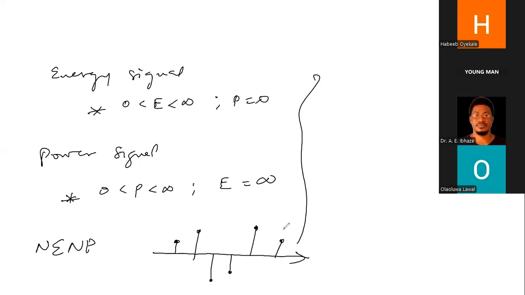So for us to get to this point, we must have sampled a continuous signal. So don't worry. At the end of the day, we must meet the energy or power signal or neither energy nor power signal conditions. Okay?